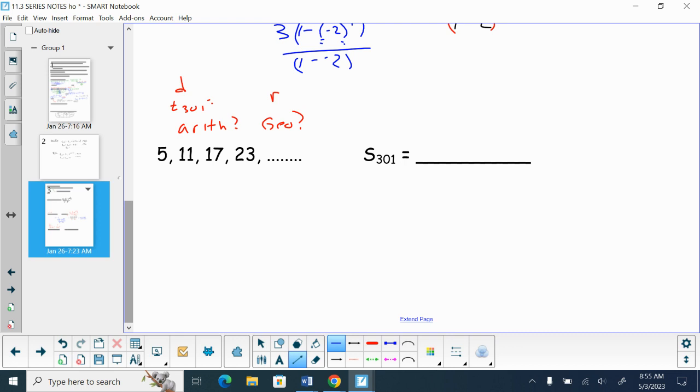So is it arithmetic or geometric? Sarah, what do you have, arithmetic or geometric? Arithmetic, common difference of 6. Okay, so you can find your 301st term.